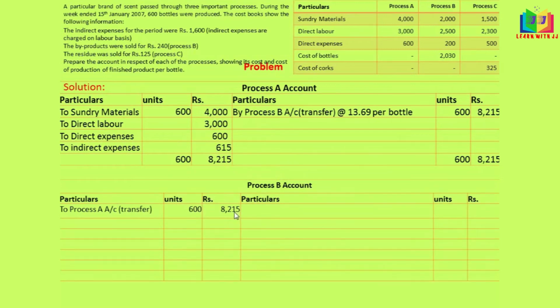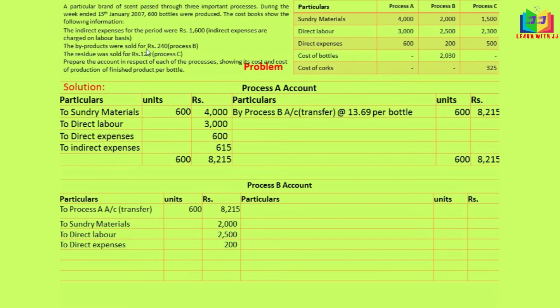See, 600 units, 8215 rupees. Next we have to write sundry material, direct labor and direct expenses in process B account.